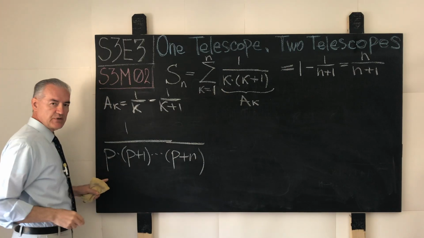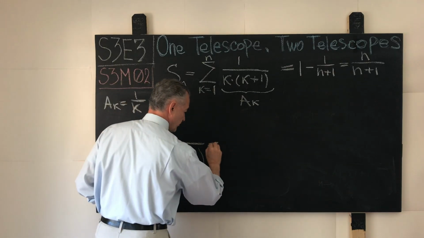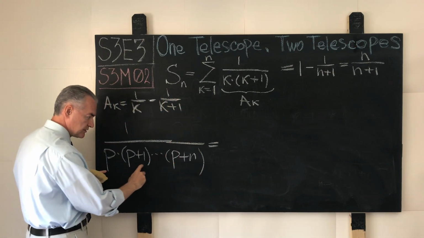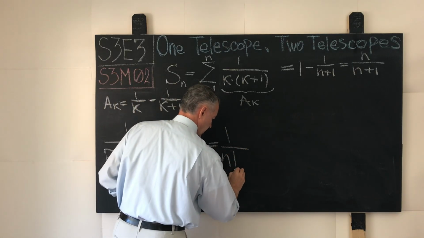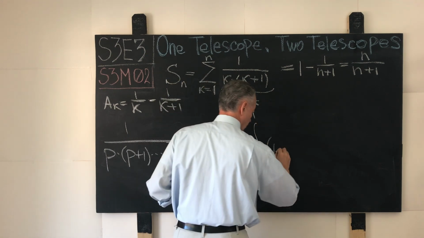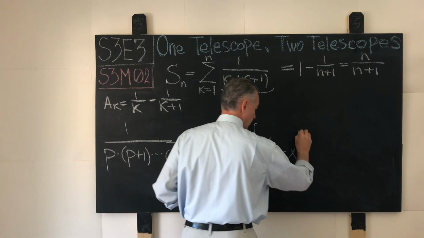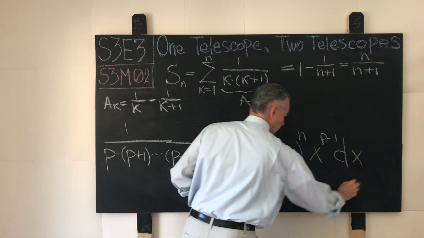And how can this be represented? Well, one advantageous representation of this reciprocal product shown over here is the following: 1 over n factorial, integral from 0 to 1 of (1 minus x) to the power of n, x to the p minus 1 dx.